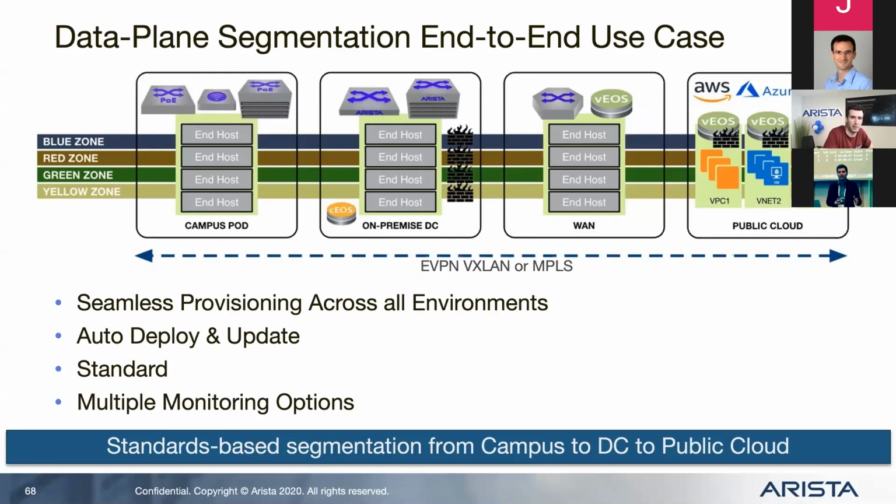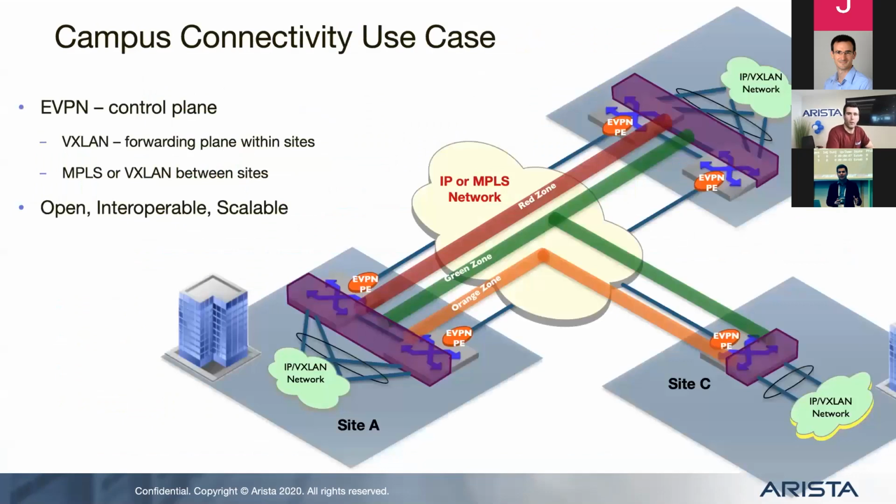But I think what's most important about EVPN here is that it's standards-based segmentation that you can apply to any environment and interoperate with most other vendors as well. One other practical use case is around campus. As I've mentioned, this is the ability to provide separate environments and separate these from one another across multiple different sites.